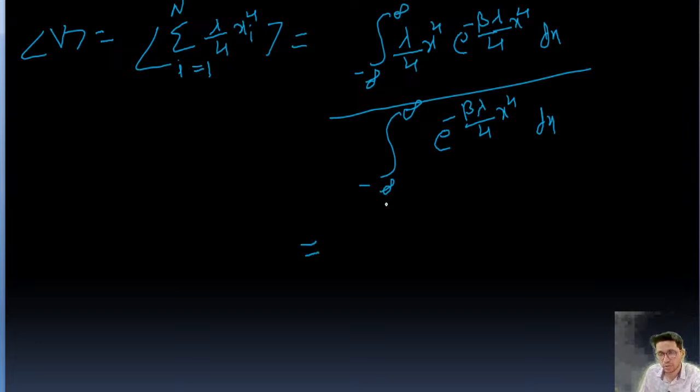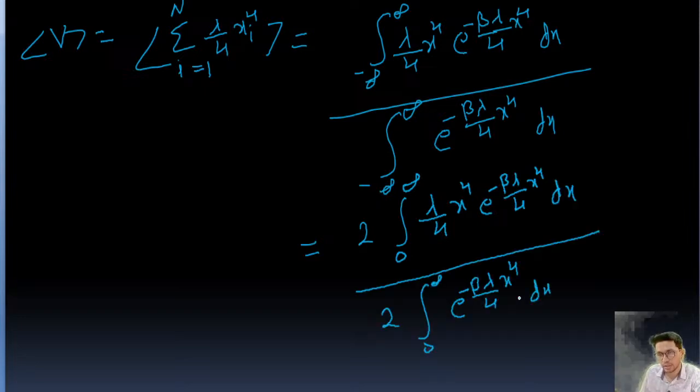This is going to be 2 into the integration from 0 to infinity of lambda by 4 x to the power 4 e to the power minus beta lambda by 4 x to the power 4 dx. We have broken the limit. Now we'll use a formula, guys. You need to note down this formula. I have explained this formula in my math lectures.